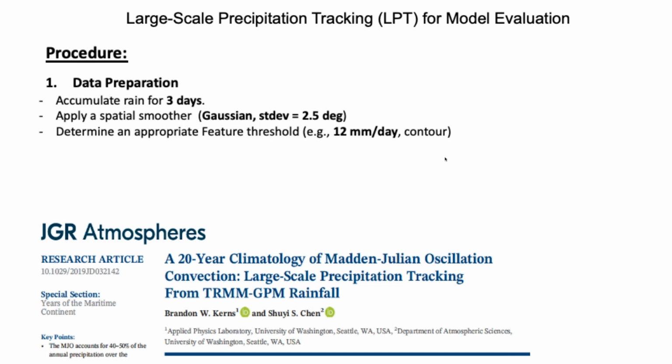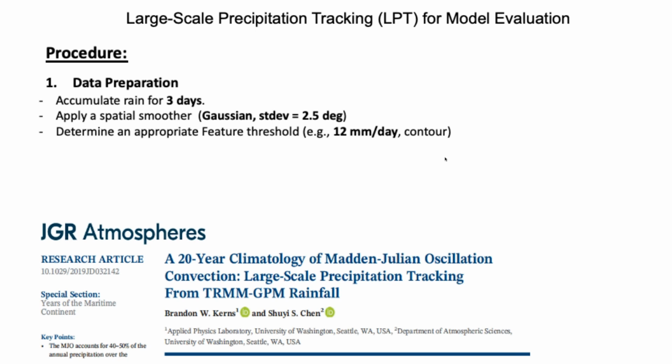This method has been well described in a number of publications, mainly by Kerns and Chen. The one I recommend is the one shown at the bottom, published in 2019. This includes several steps. The first is preparation of data, satellite observations of precipitation, because this is for larger-scale precipitation tracking.